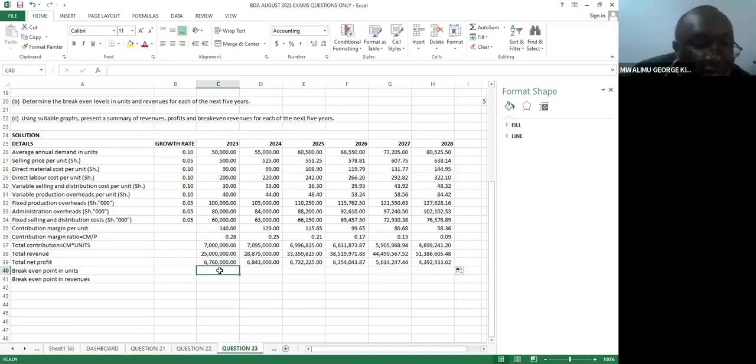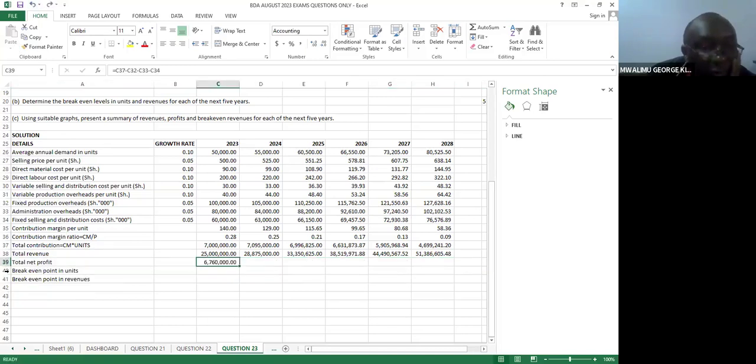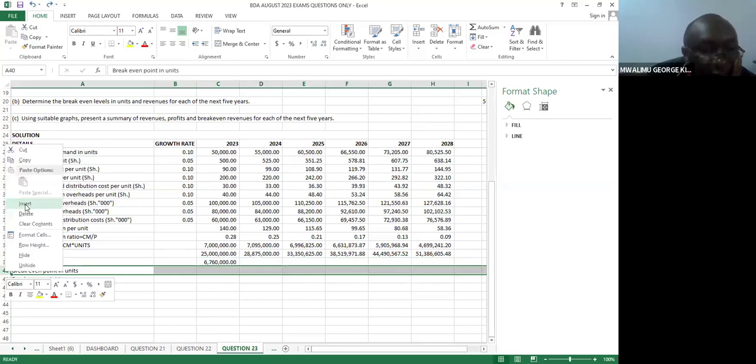Now we need to get the break-even point. Instead of taking these totals as formulas, maybe we can give them as separate. Come here, point at total net profit and insert a row there. At break-even, you insert.